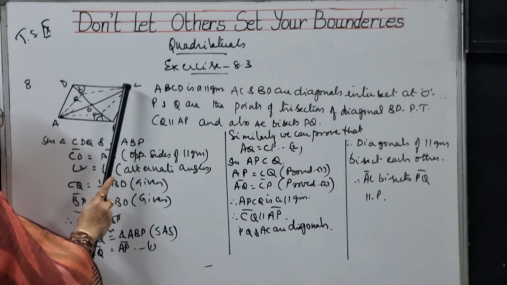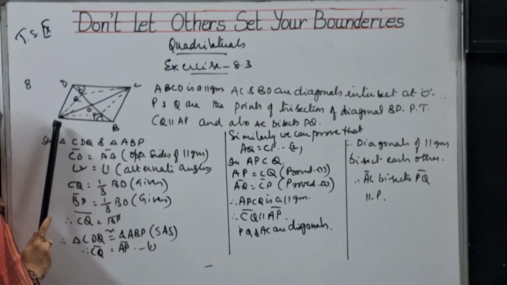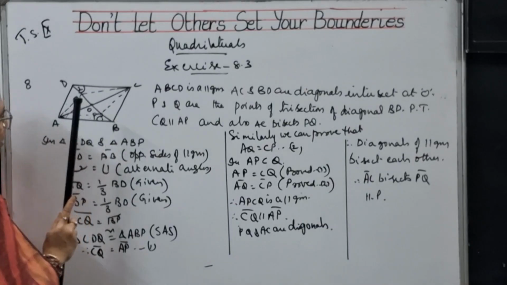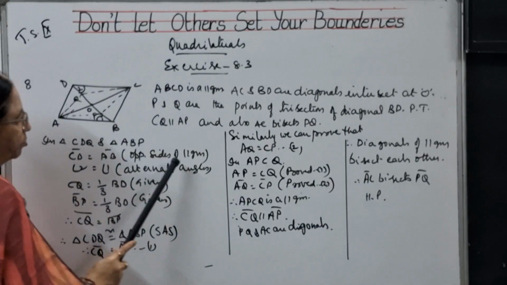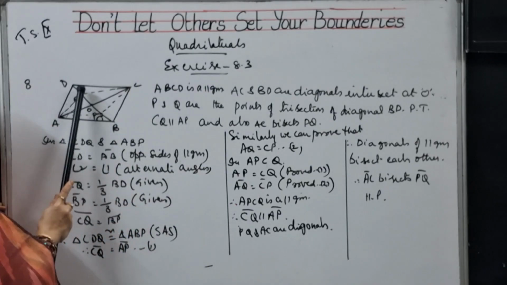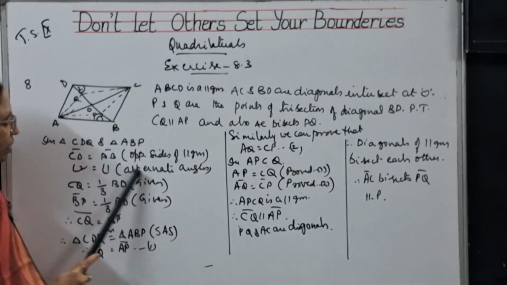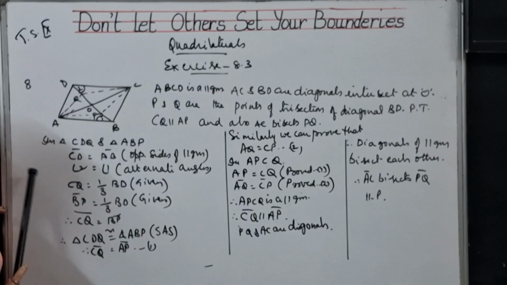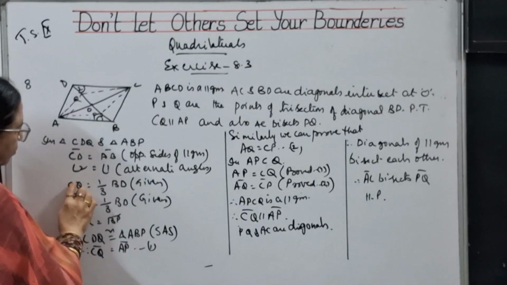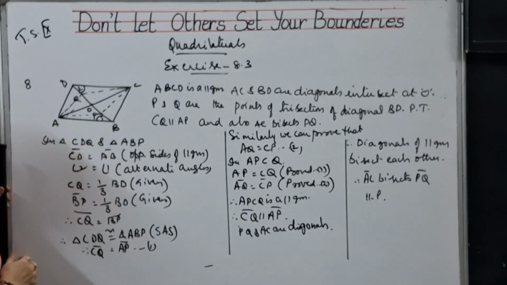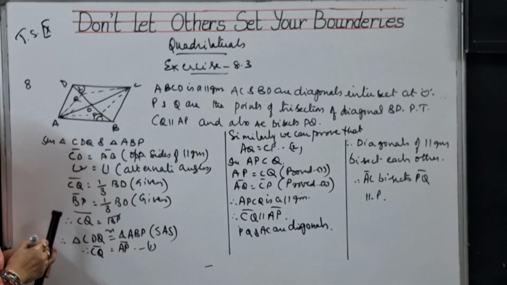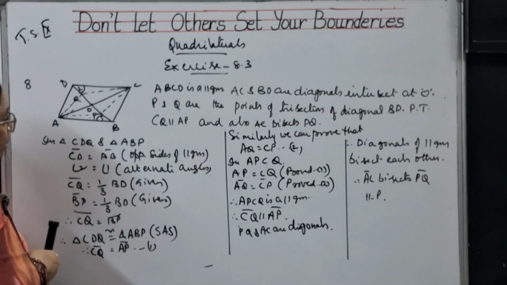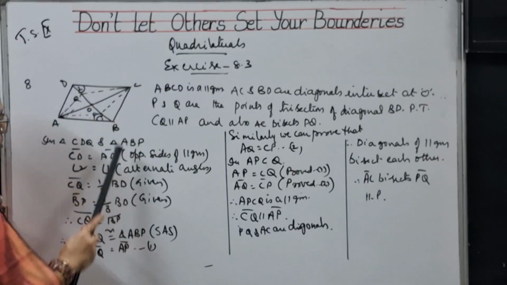See, in triangle CDQ and in triangle ABP, AB and CD are equal because they are opposite sides of a parallelogram, and angle 2 is equal to angle 1, they are alternate angles. And CQ is one third of BD, they have given to us, and BP is also one third of BD.